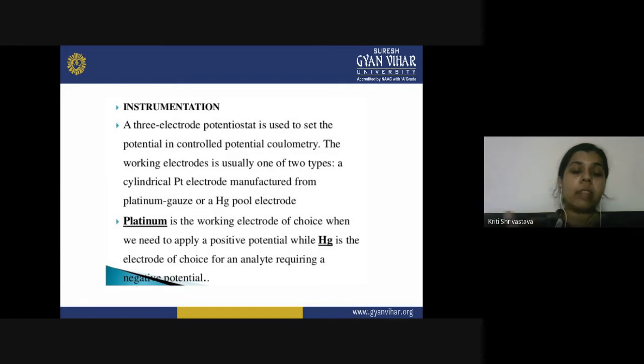So we use platinum in that case, but we use a mercury electrode when our analyte requires a negative potential. That means it is going to be reduced in the electrolysis process, or you can say when my working electrode is supposed to behave as a cathode.